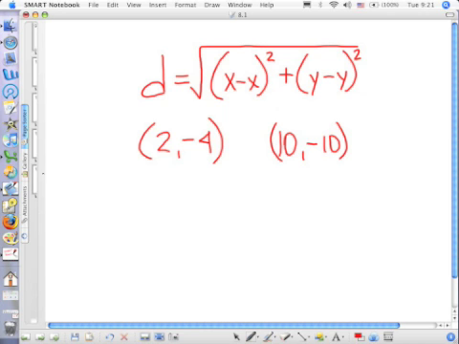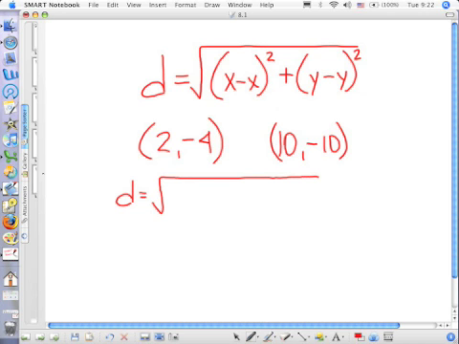Using the formula, again, identifying x and identifying y should not be an issue. How do you know which x goes first? It doesn't matter. Because when you square it, it's all going to wash out anyway. Don't forget to continue writing your radical as you're working the problem. Otherwise, you're going to forget. I promise, you're going to forget, and the square root will need to be taken.